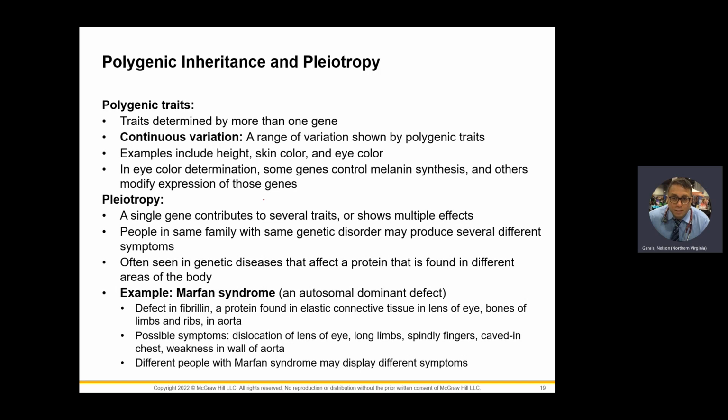Tropy is growth, so different growth traits. So think of what? Height, skin color, eye color, pleiotropy. Another example of pleiotropy, but it is actually an autosomal dominant defect, think Marfan's. And remember, I talked about how Jim Carrey, I felt that, his face and his fingers and his body stretches a lot.